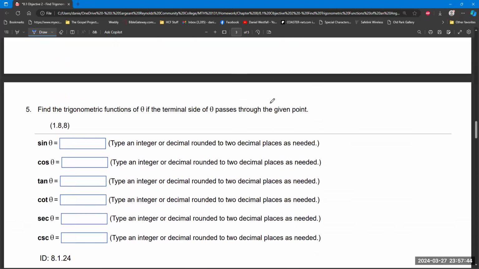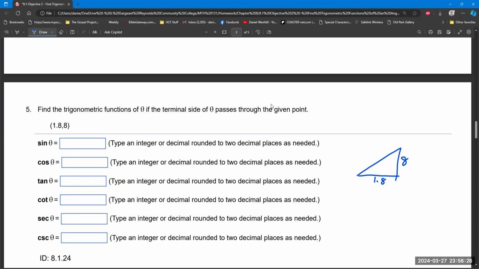All right. 1.8 and 8, so we're in quadrant 1. Let me take care of finding the hypotenuse here.